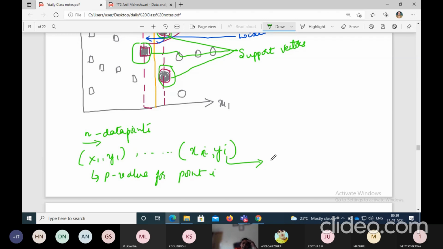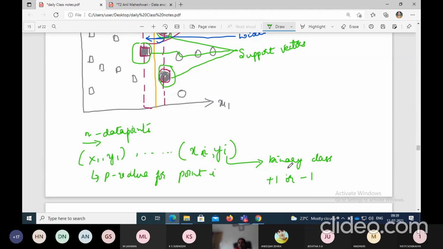These binary class values will always be either +1 or -1.